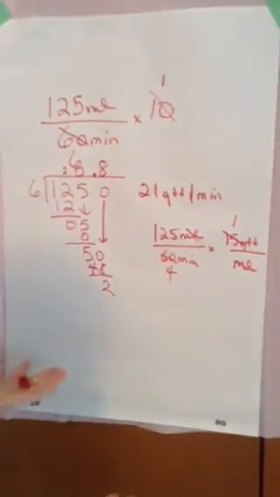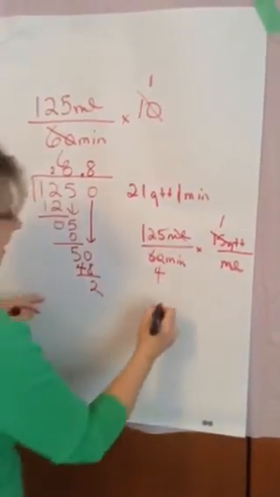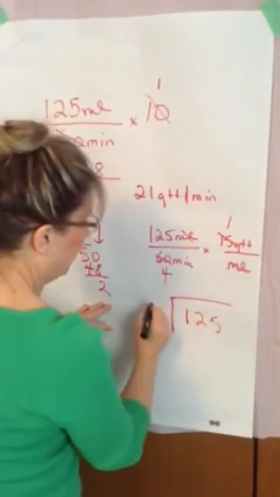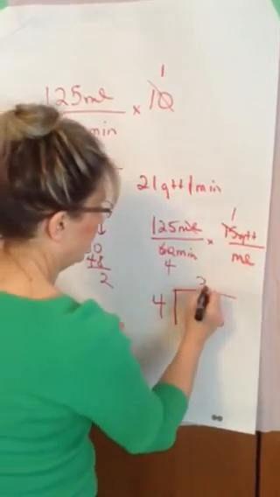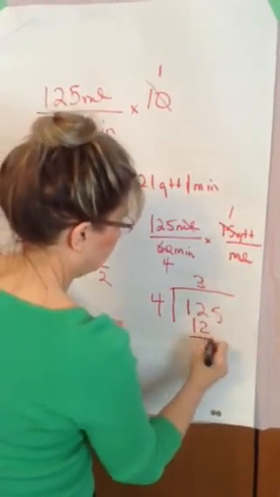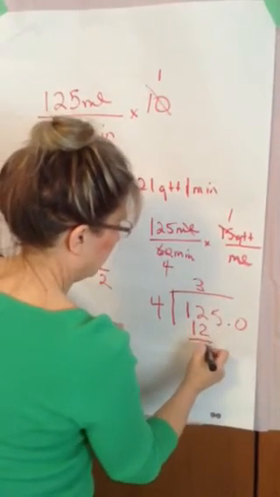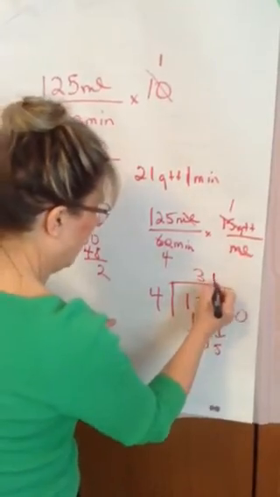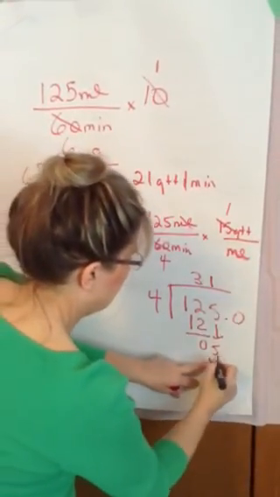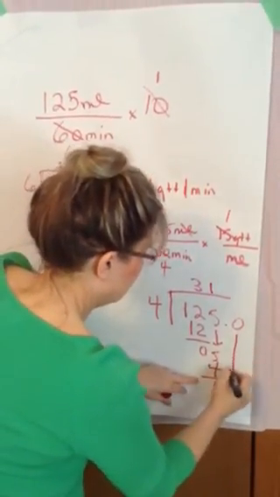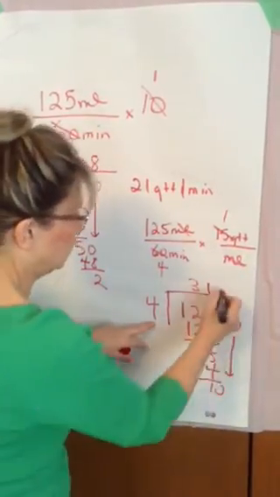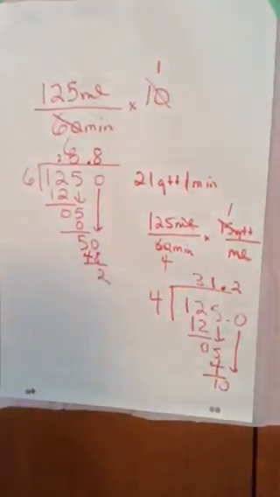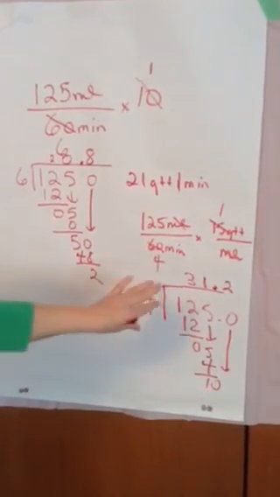Just memorize that. That's why they created it that way. So we're going to have 125 divided by 4. 4 3s are 12. 0. Bring down your 5. 1. 4 goes in there once. 1 remaining. Bring down your 0. And 2 4s are 8. So it's approximately 31 drops per minute.